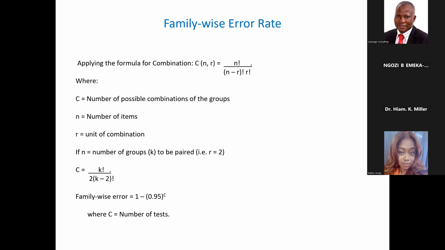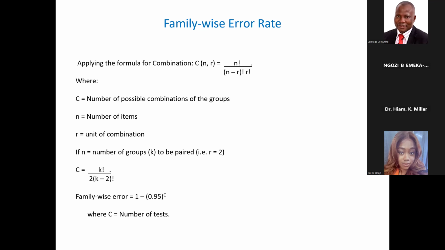N is equal to the number. If the number is 3 items, or 4 items, the r is the unit of combination. When you say it's 2, you are pairing. So C is the number of possible combinations of the groups.